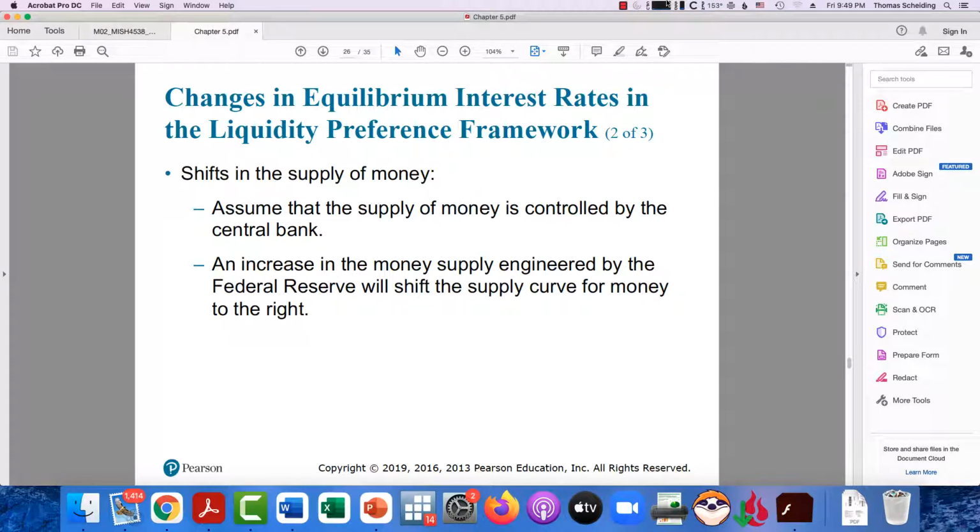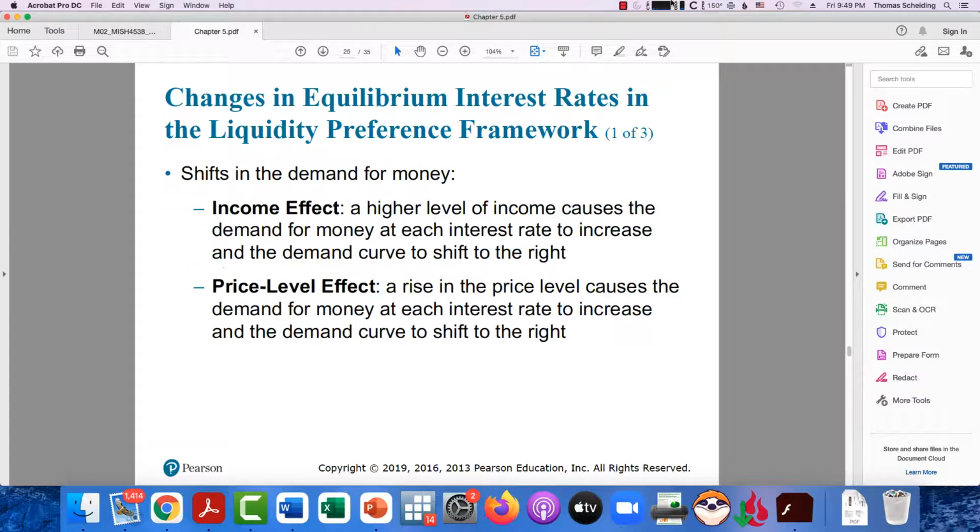Again, we already said the supply curve is determined by the central bank. So shifting the supply curve is all going to be determined by the central bank changing its decision about how much money supply is going to be there. But in terms of the demand for money, that curve is going to shift based on price levels and income.